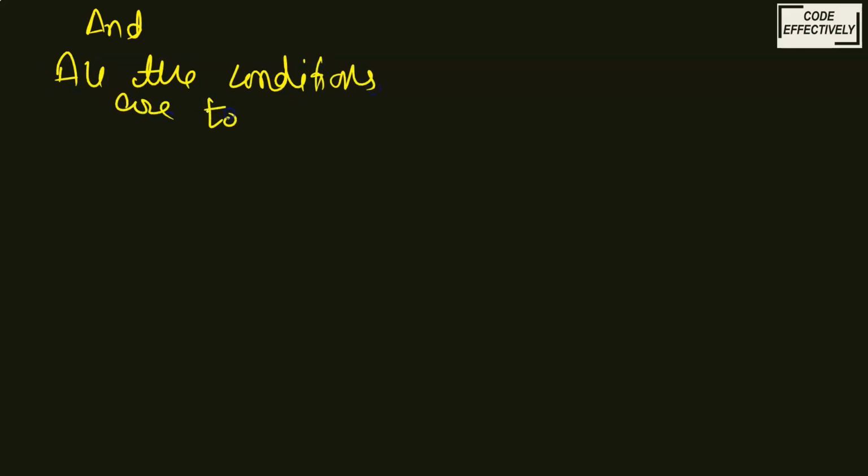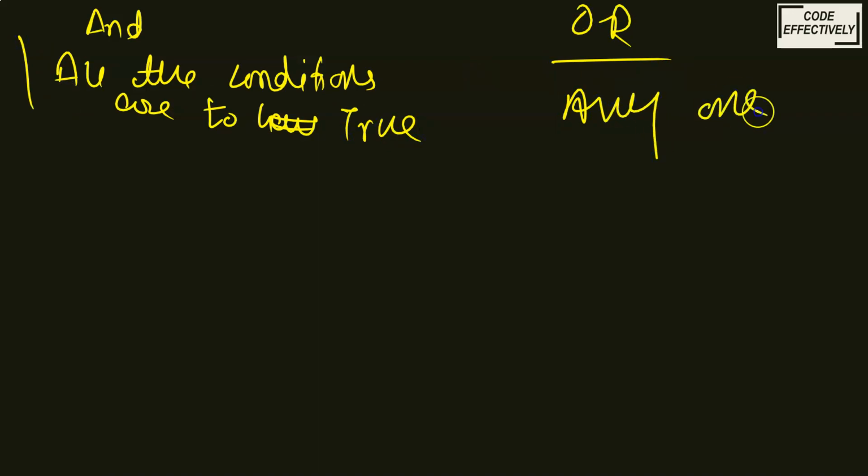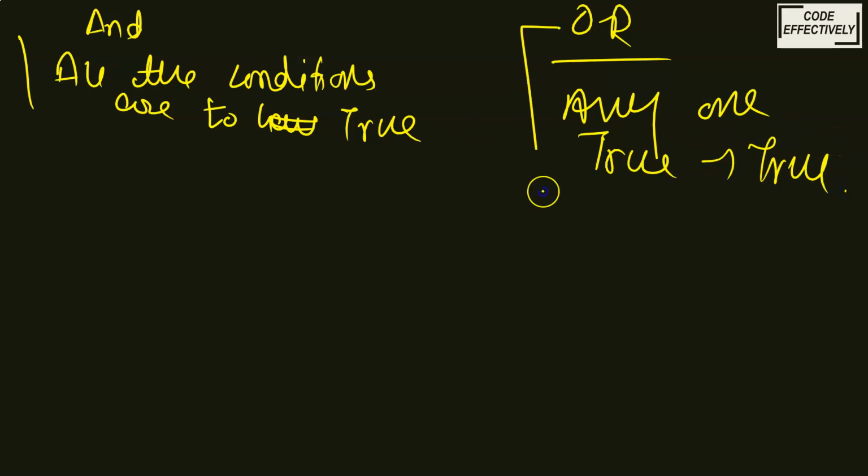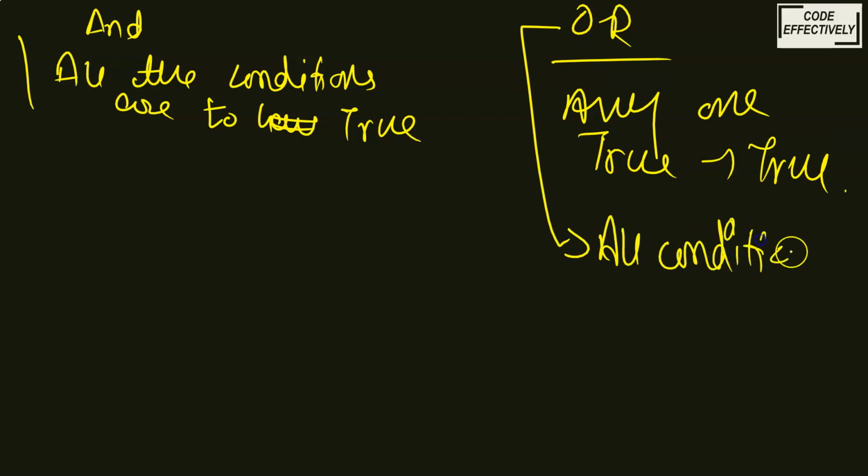In AND, all the conditions have to be true, and then only it will return true. In OR, if any one is true, then it will return true. It returns false only when all conditions are false.